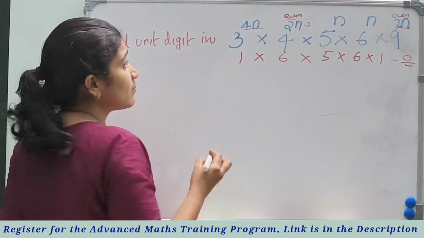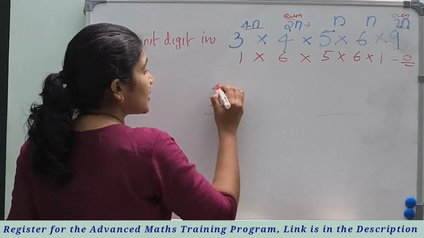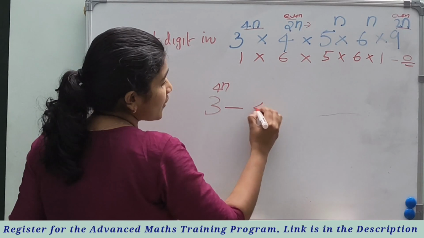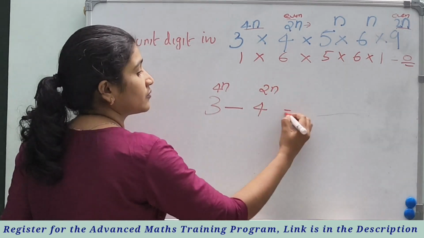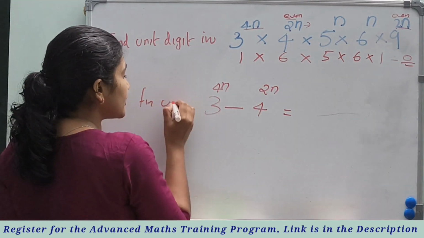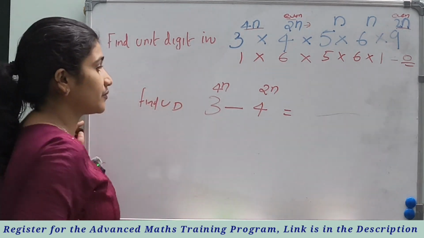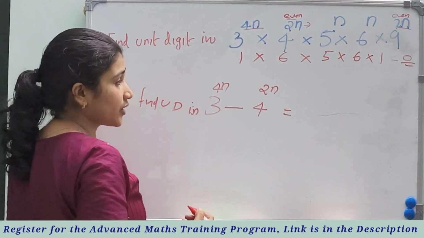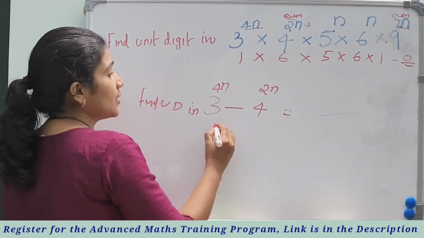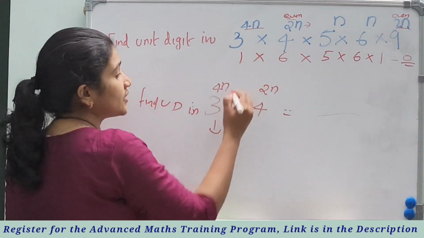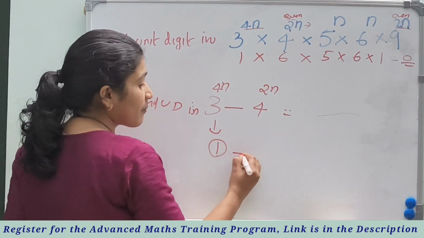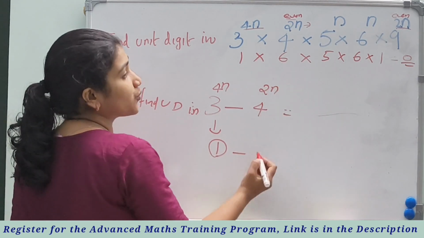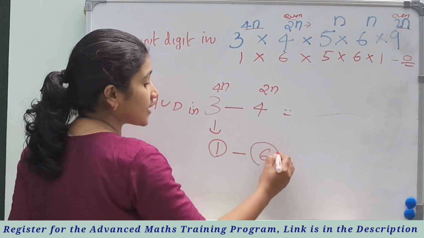Now one more example. If it is 3 raised to 4n minus 4 raised to 2n, then find the unit digit. Here you can see in 3 raised to 4n the unit digit is 1, minus in 4 raised to 2n the unit digit is 6.